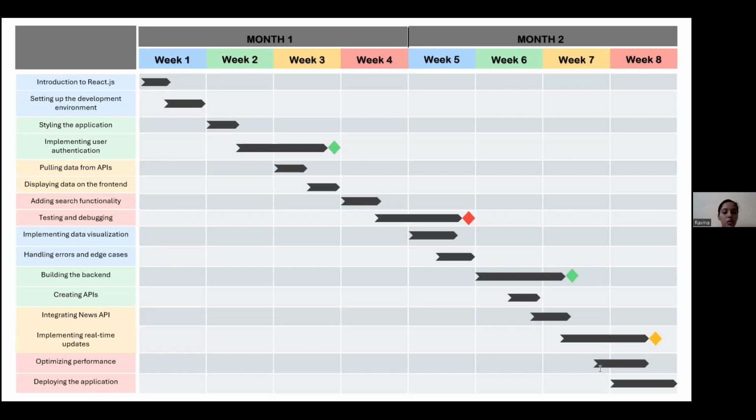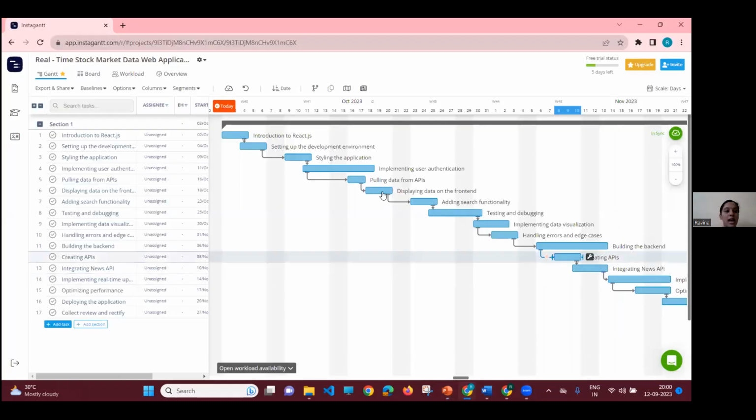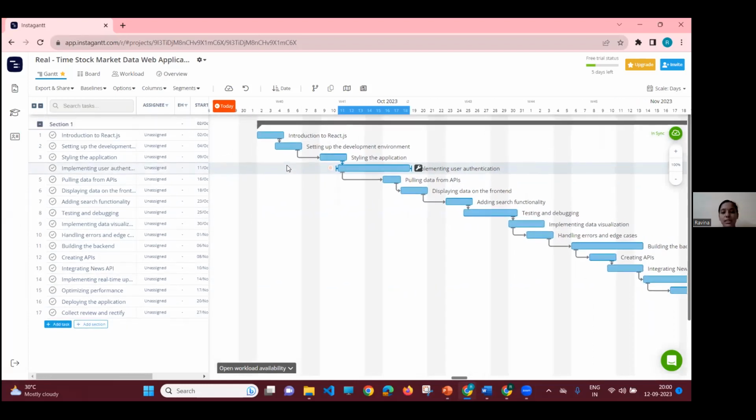And let's have a look at a real-time project timeline made with an online application. So here, in the section, I've mentioned all the tasks on the y-axis. And here, for example, I started it from October 1.